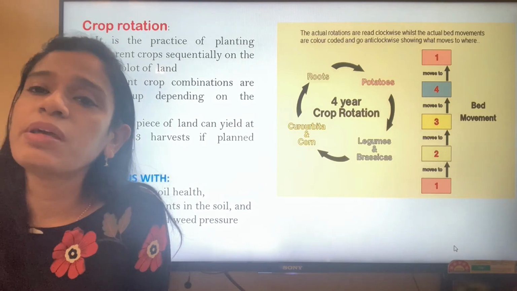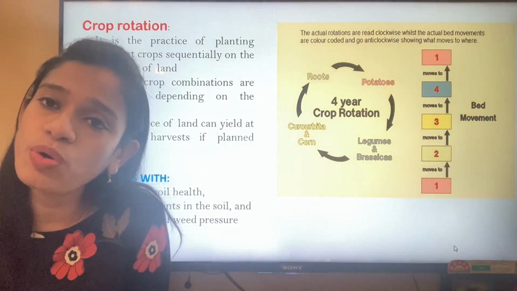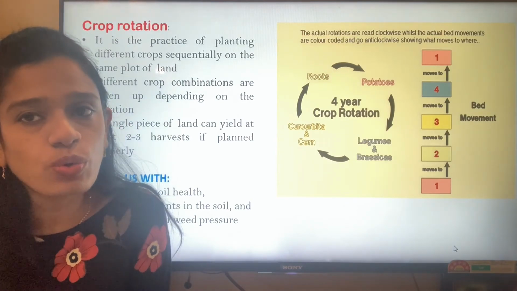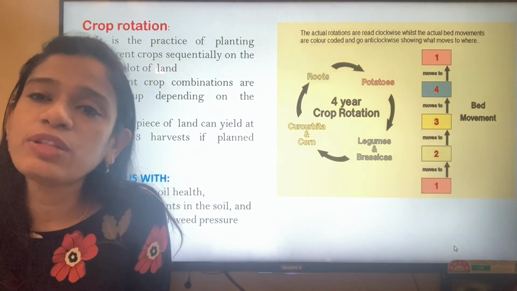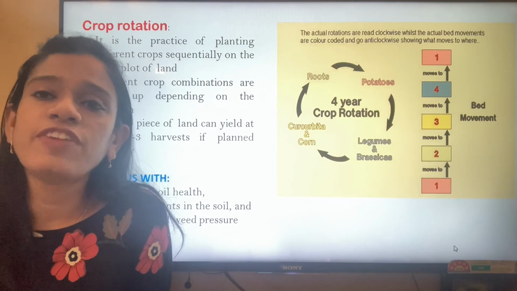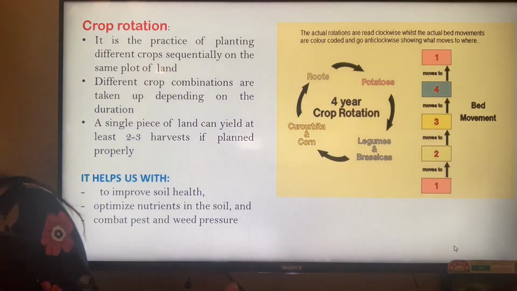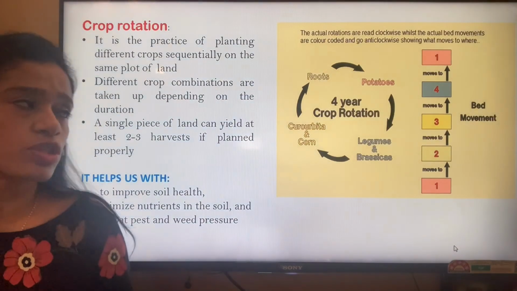The pest does not find a proper host because the rice has already been harvested and it is not again sown with rice. So the pests and the weeds that had come up face tremendous pressure and slowly they die off. So it eradicates the pests also.